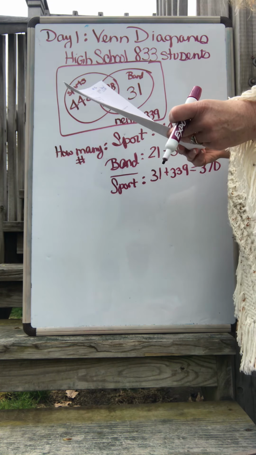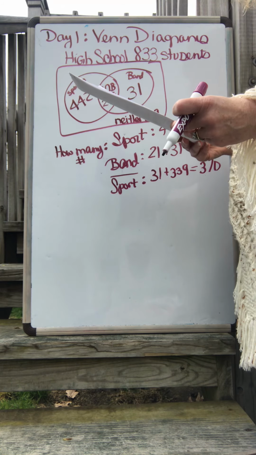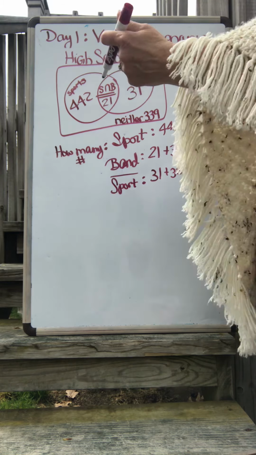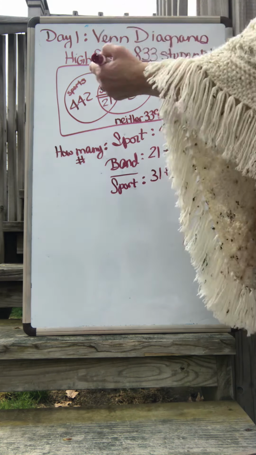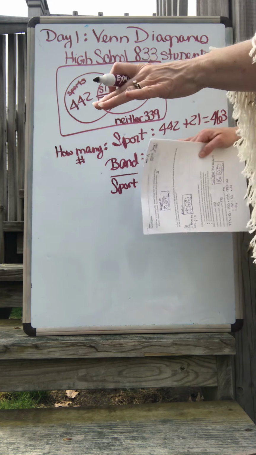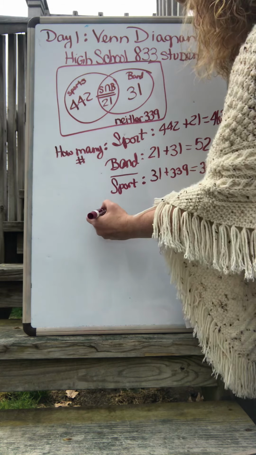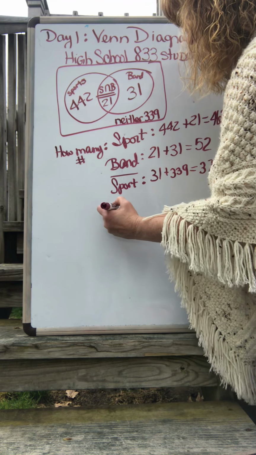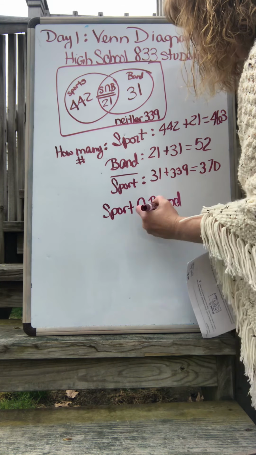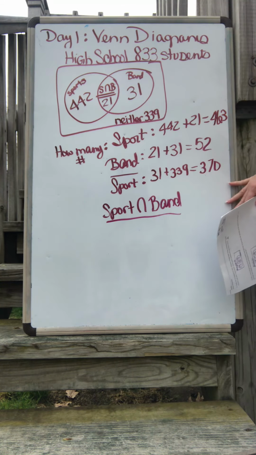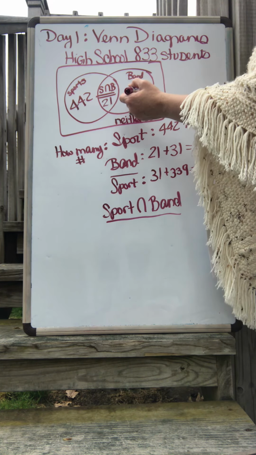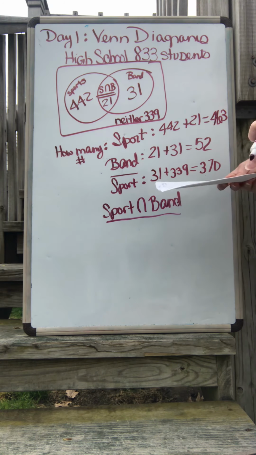How many play a sport or participate in the band? Now the easiest thing to do is just add up this, because I already have my Venn diagram and it's already been figured out for me. So if I want sport or the band, and I have my Venn diagram correct, I can simply add up 442 plus 21 plus 31, and that would give me 494.